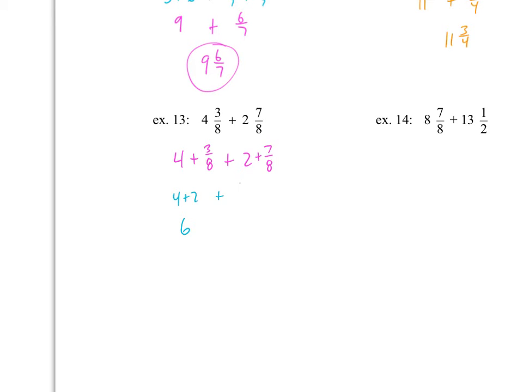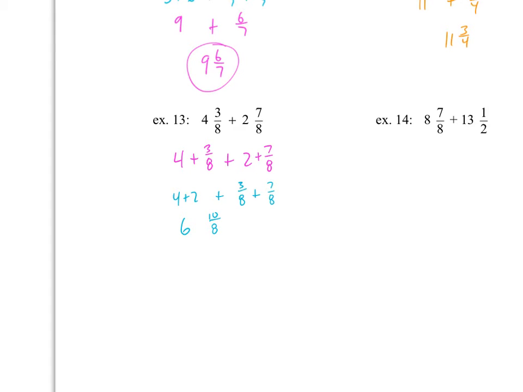We also want to add my 3/8 and 7/8. And that gives me what? 10/8. What do we end up with there? An improper fraction. So let's make that a mixed number. If I've got 6 wholes right now and I've got 10 pieces, what do I have to do with those 10 pieces if there's only 8 pieces in a pizza?